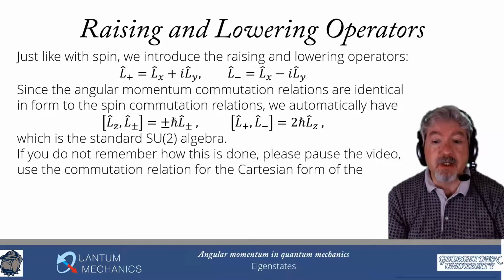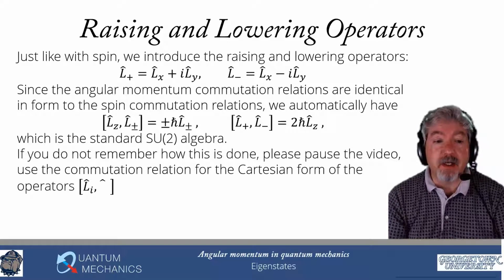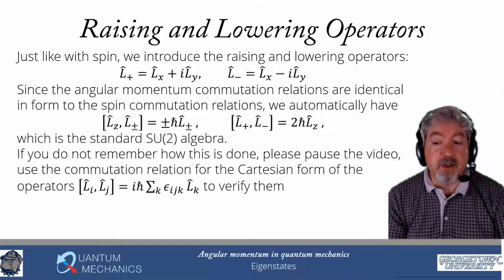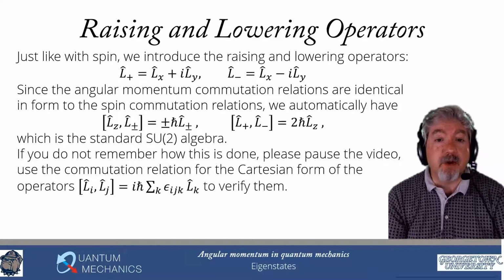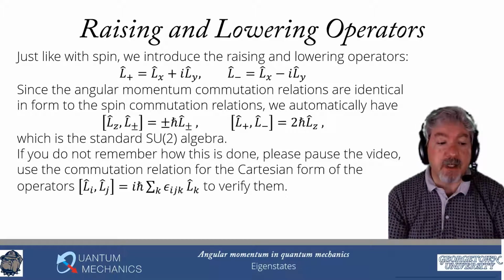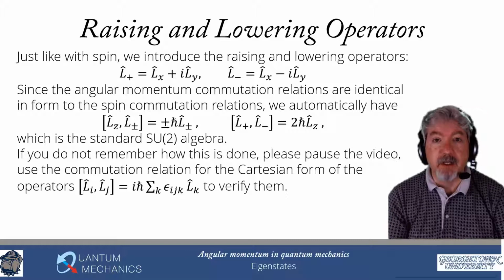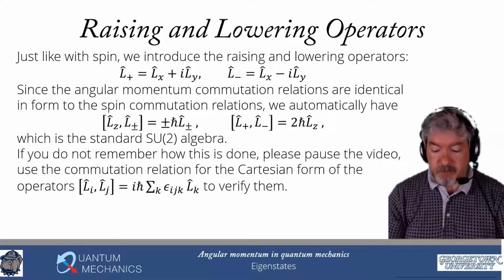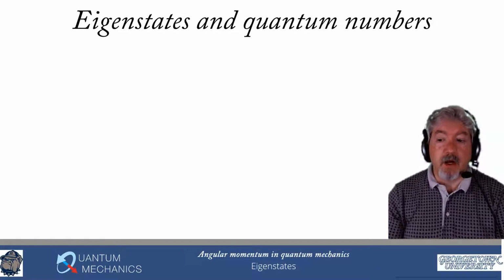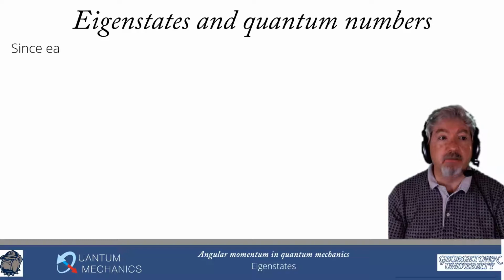Just use those Cartesian commutation relations and verify these particular commutation relations, which are the commutation relations of the standard SU(2) algebra. It's very important that you are confident that the commutation relations between the raising and lowering operators and Lz are as given on this page, because we're going to be using them in the remainder of this lecture. All right, let's start with working out the eigenstates and the quantum numbers.